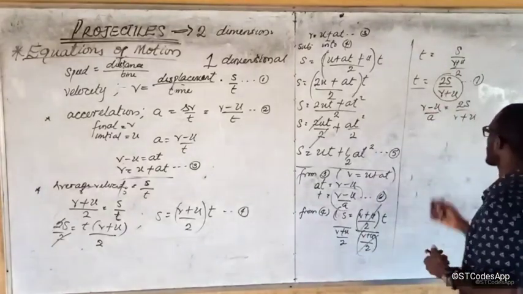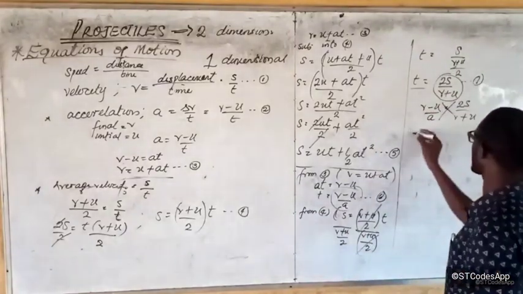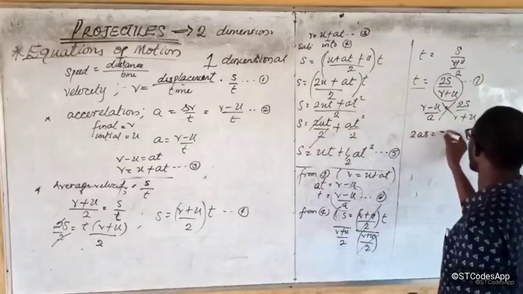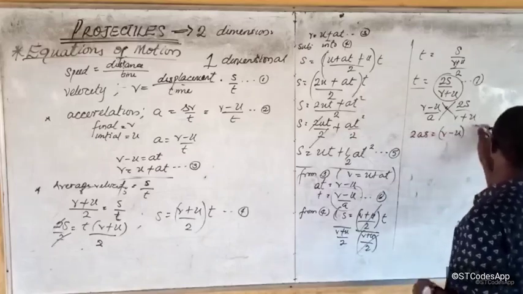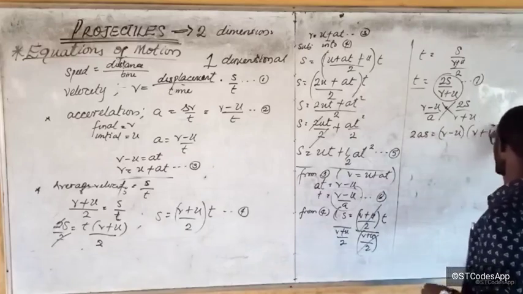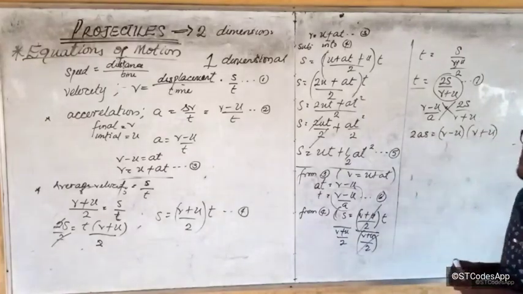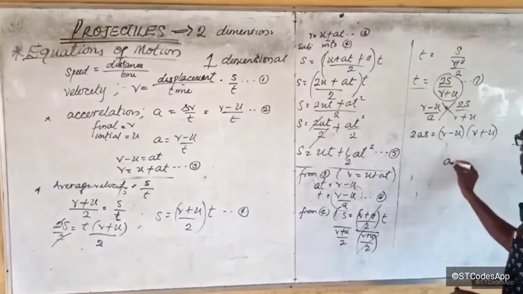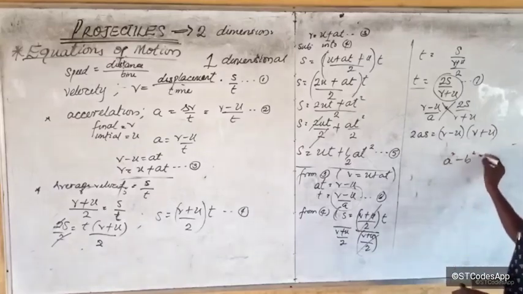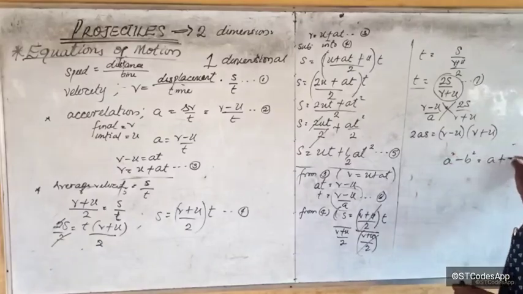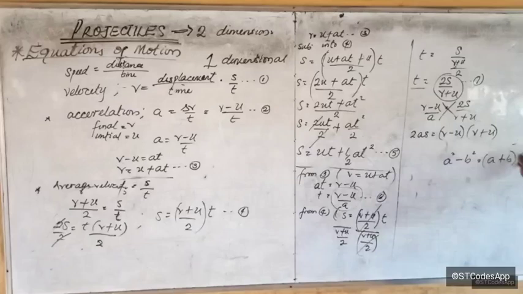Is that okay? Then we can cross multiply and have 2as will be equal to v minus u times v plus u. If you recall vividly in maths, this is what you have in difference of two squares. Remember, if I have a squared minus b squared, what will it become? It will become a plus b and a minus b, which is exactly this, right?